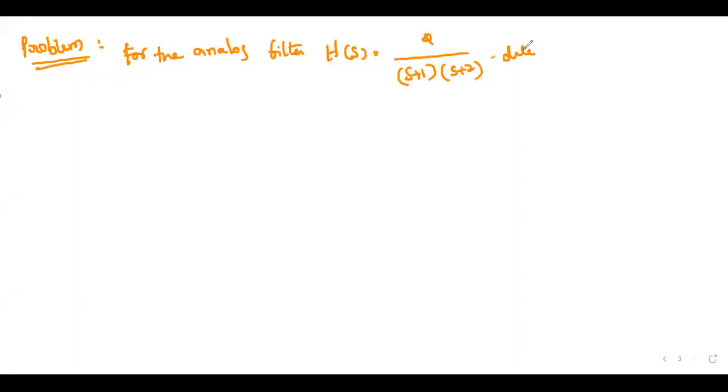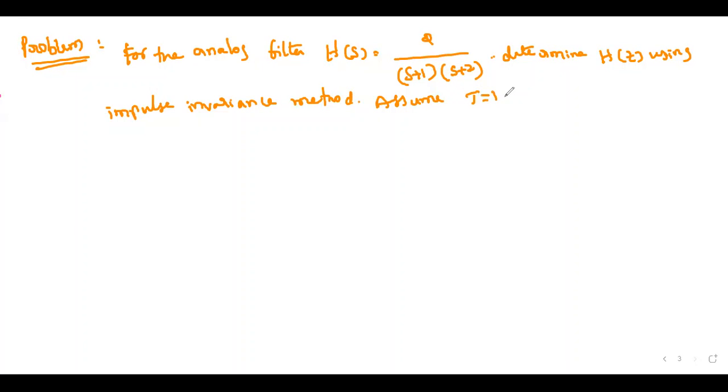Determine H of Z using the impulse invariant method. If they don't mention the method, then it's up to you. Any one method you can use. Assume T is equal to 1 second.